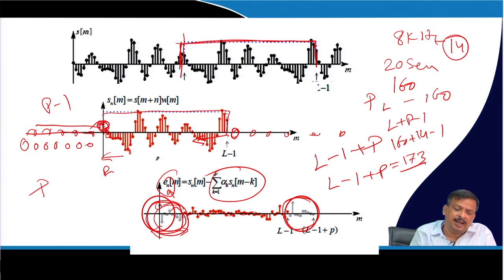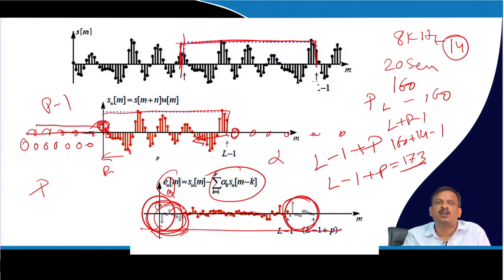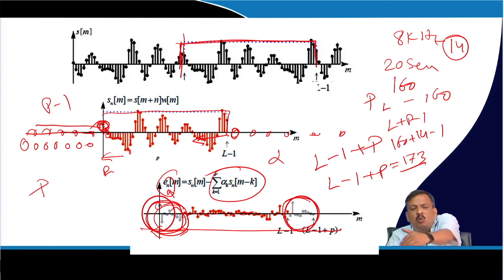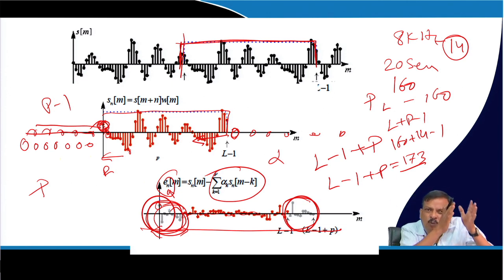Now, how many sets of alpha will I get if I run a 14th order prediction? For each sample I get a set of alpha values. So, if there are 160 samples, I get 160 sets of alpha values.